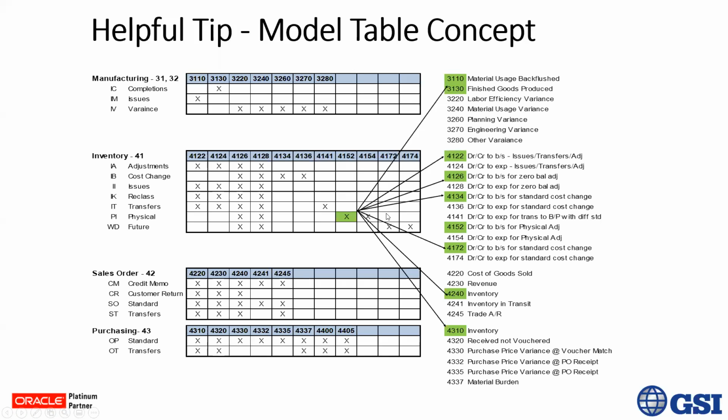Because it really doesn't matter. Remember what we're doing here. If I have an item and that item is a raw material, does it really matter what transaction I do? If I'm touching an inventory account, if I'm touching the balance sheet on one side of the transaction, shouldn't that always be the raw material account? Doesn't matter what the transaction is. If I issue it to a work order, shouldn't the credit be from raw materials?